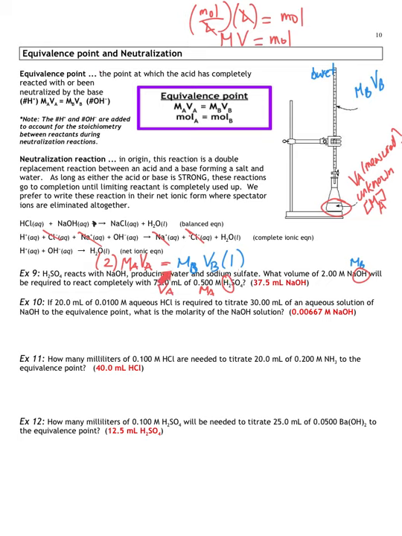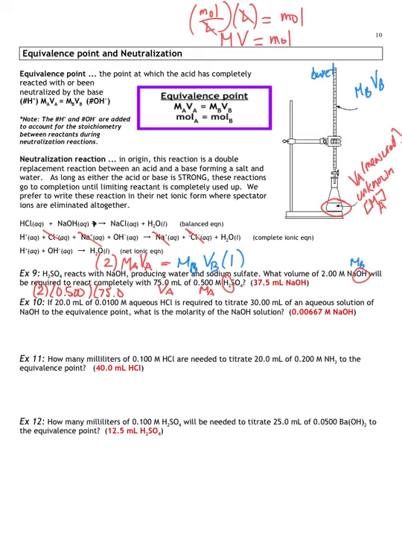So I substitute everything in except for what I'm trying to find, which is the volume of the base. So VB is what I'm trying to find. And in doing that, I should get my final answer. 2 times the MA, which is 0.500, times the volume, which is 75.0 milliliters.